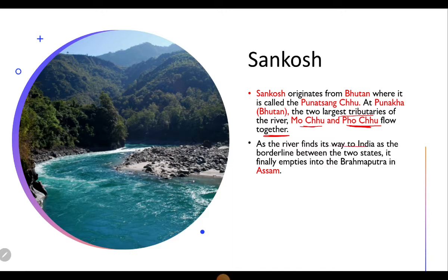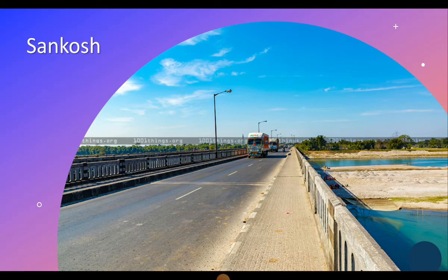As the river finds its way to India, as the borderline between the two states, it finally empties into the Brahmaputra in Assam. So this was the Sankosh River.